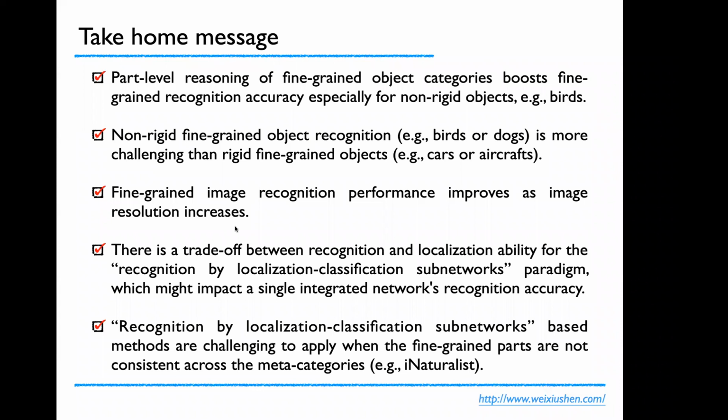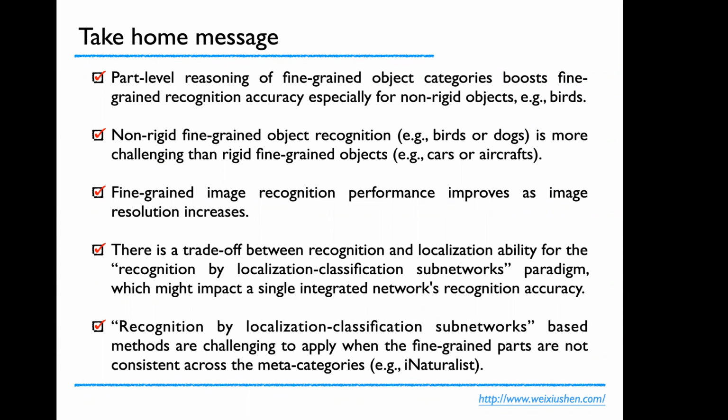And the last one is that recognition by localization classification subnetwork based methods is challenging to apply when the fine-grained parts are not consistent across multiple categories. For example, when dealing with the iNaturalist dataset, as mentioned by Serge, the iNaturalist dataset contains multiple meta categories.